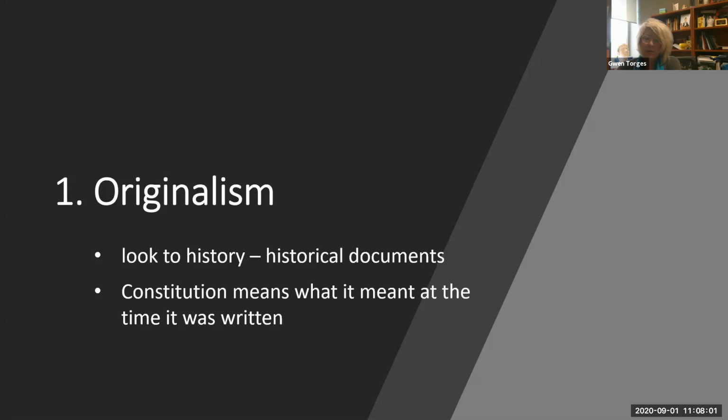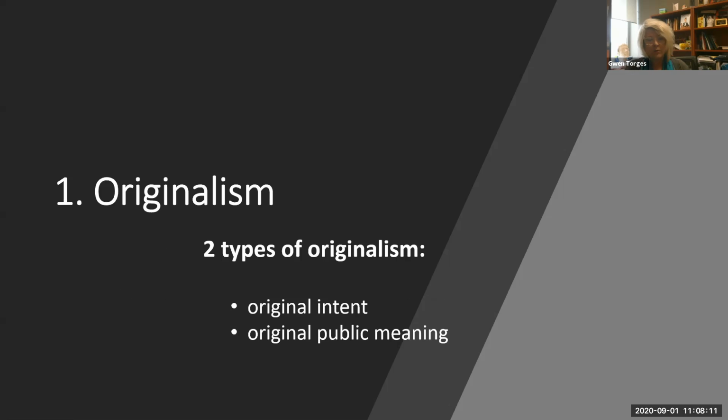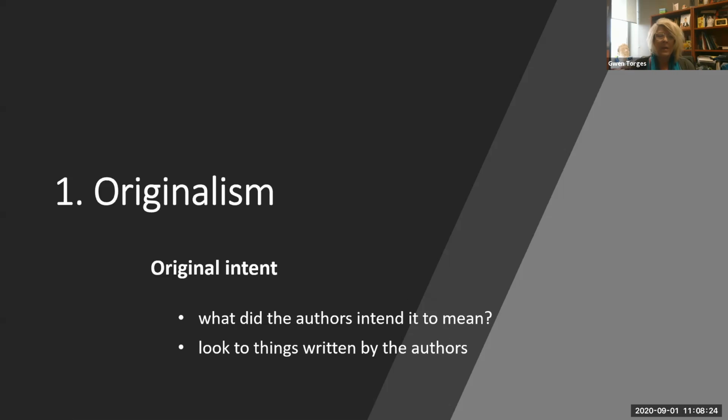The 14th Amendment was written in 1868. So it means whatever it meant at the time it was written. The 2 flavors are original intent and original public meaning. Original intent is the one you've probably heard about, and that means you're trying to ask, what did the authors intend for it to mean?